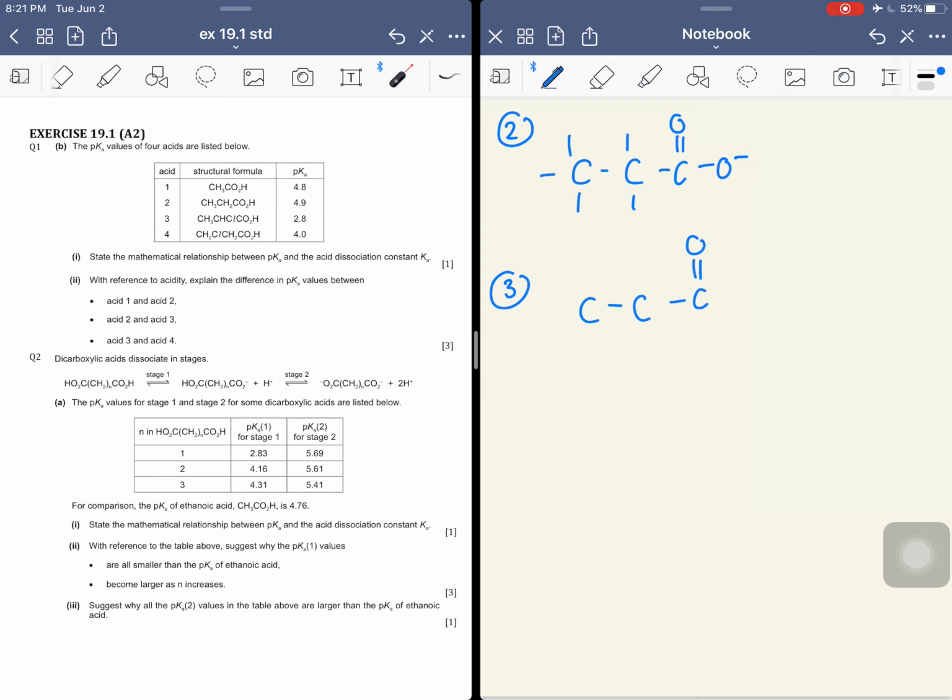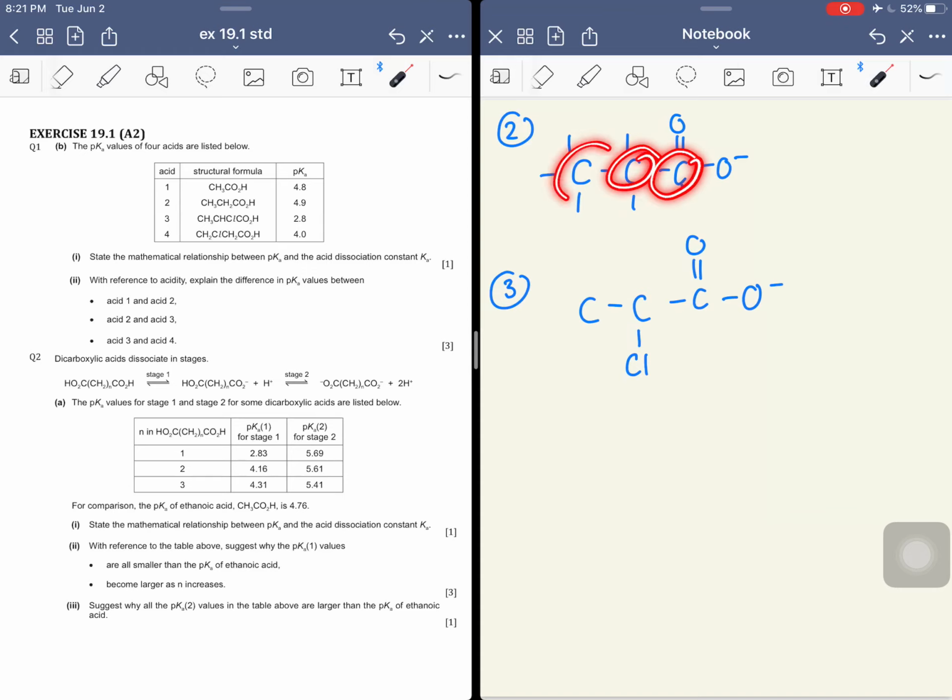And then for acid number 3, you now have a chlorine on the second carbon. Okay, so you have to be careful. That chlorine there sits on the second carbon, and there's only 1, 2, 3 carbons. Okay, so they have the same number of carbons. If you look at this structure, 1, 2, 3, 1, 2, 3. Okay, they also have the same COO minus.